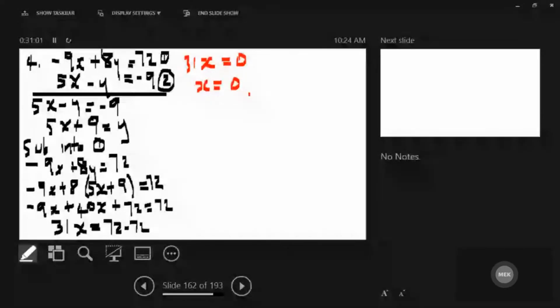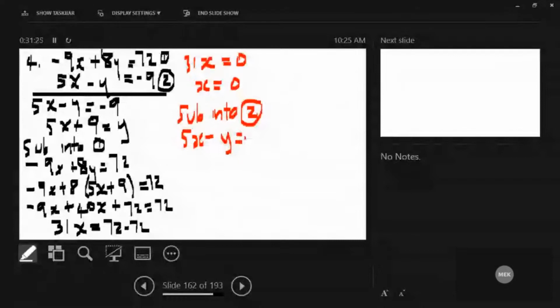All right, so x is 0. So we're going to substitute that into equation 2. Wherever we see x, we're going to put 0. Equation 2 says 5x minus y is equal to negative 9.